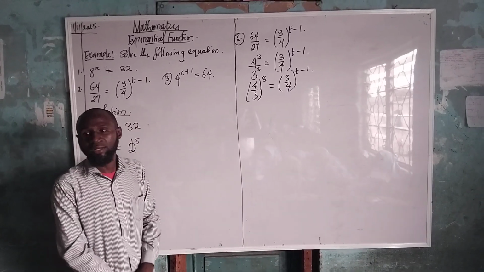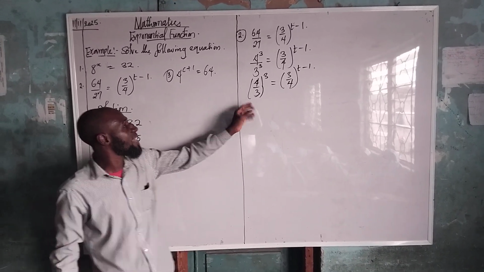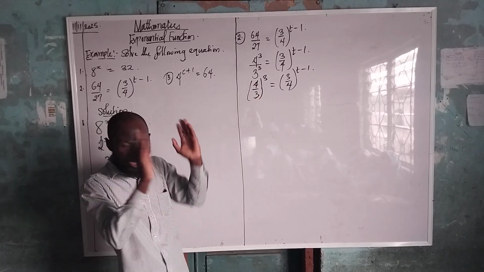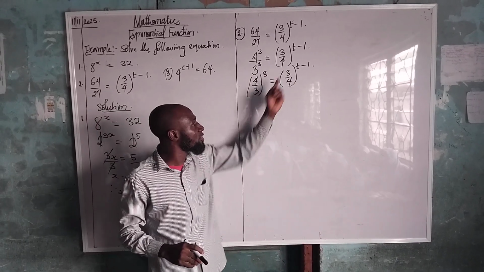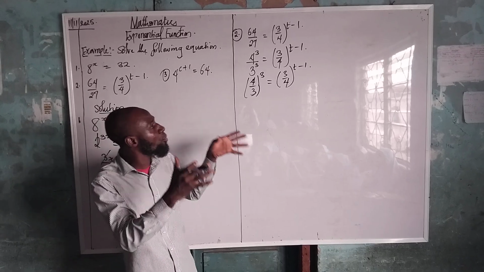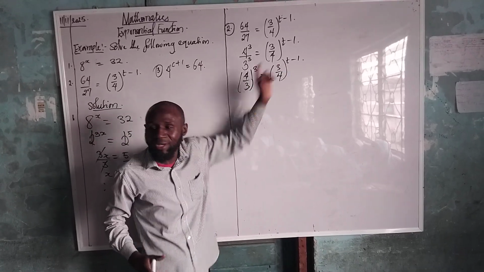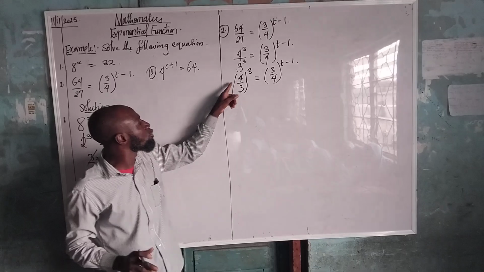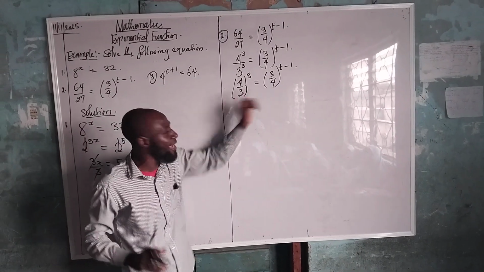We are getting there gradually. Now we have succeeded in making this one 4 over 3 in a single bracket, and this one still remains 3 over 4. But before we can work with exponential to get our unknown that is present in the index, we need to ensure this one is looking like this one.